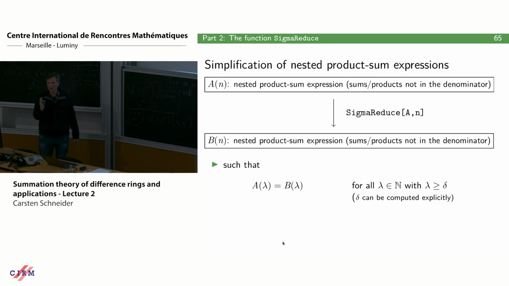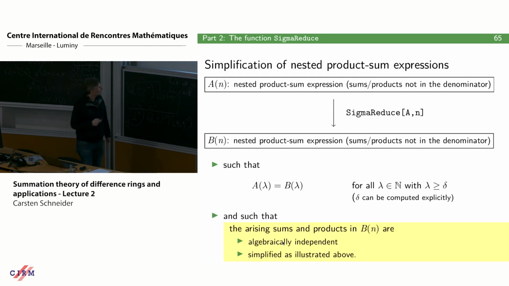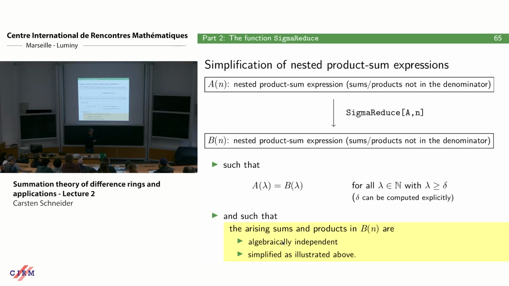So I know that from this point on, my representation agrees. Further, the arising sums and products are algebraically independent as sequences, because I take care that the constants remain unchanged. And second, I have all the simplifications of flattening and reducing the depth. This is all encoded in SigmaReduce.